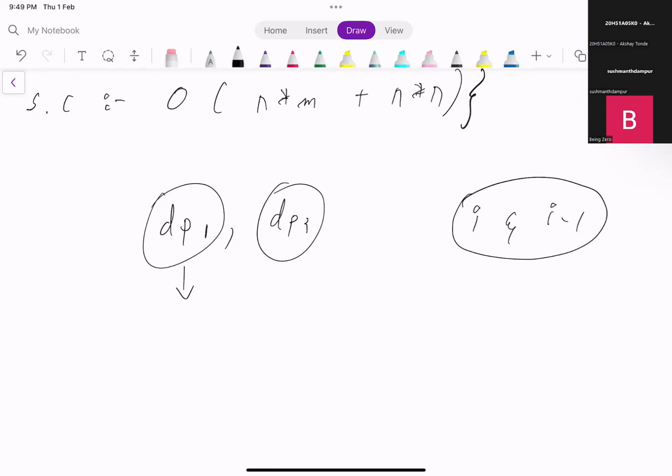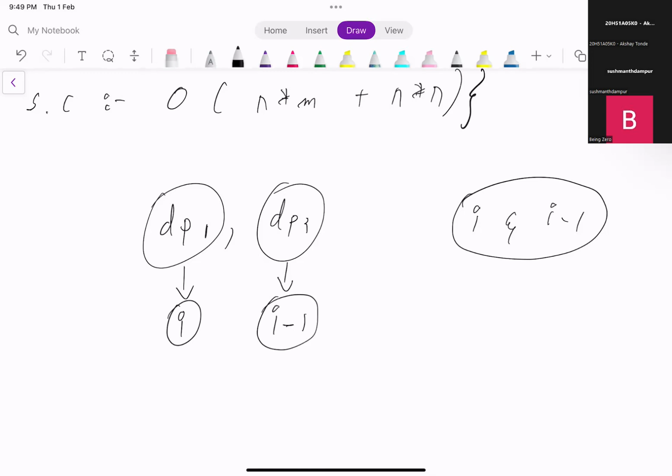So considering a scenario where we are calculating the values for dp of i, and we already calculated the values of dp of i minus 1. dp1 will tell us all the i's dp values, and dp2 tells us all the i minus 1's values.